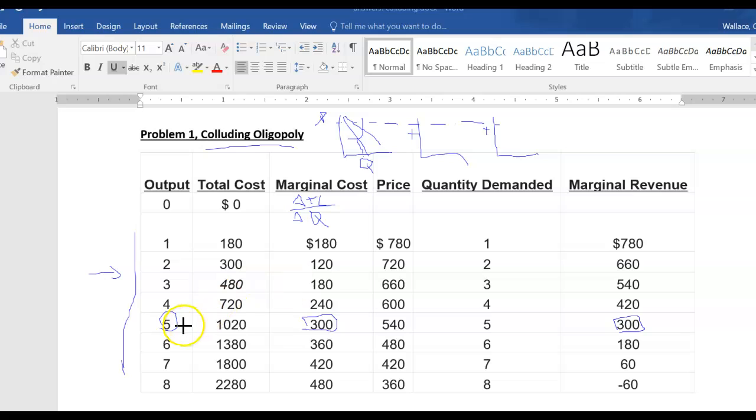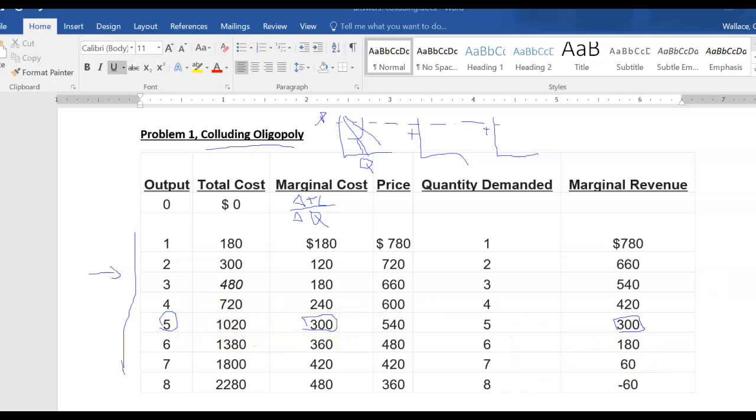Once I know quantity and price, I can figure out the total revenue for this firm. I can multiply 540, the price, times the quantity of goods. If this was 5 yo-yos and each one was sold for $540, then I know that that's my total revenue. From that, I can subtract my total costs, okay? My total costs will essentially be right here of 1020, okay?